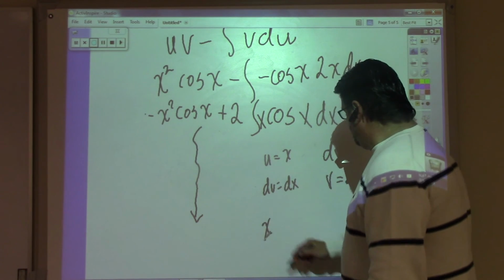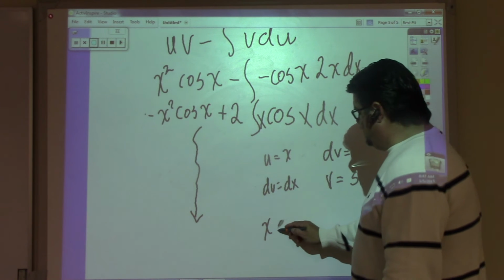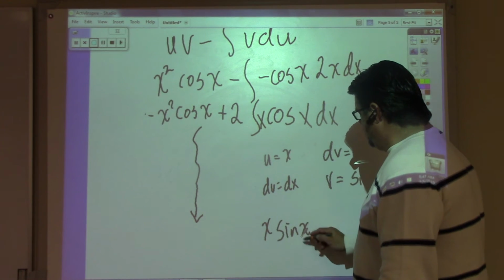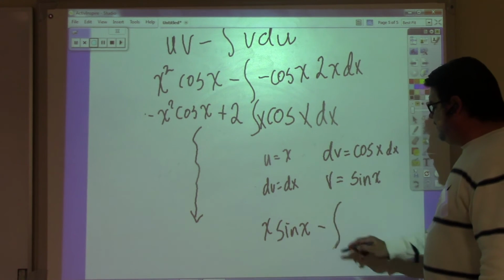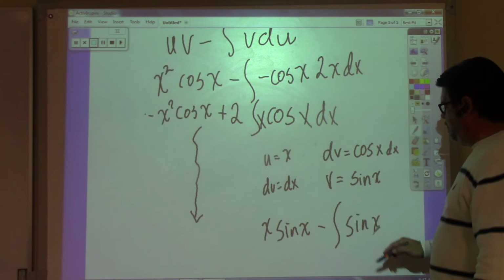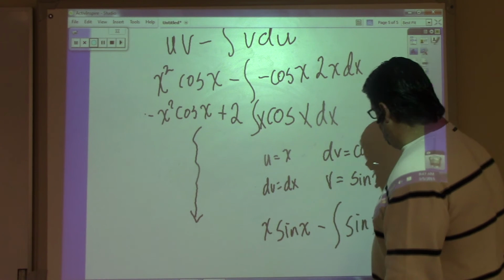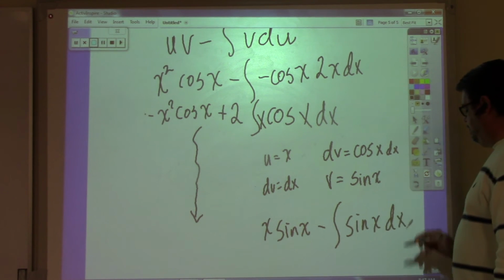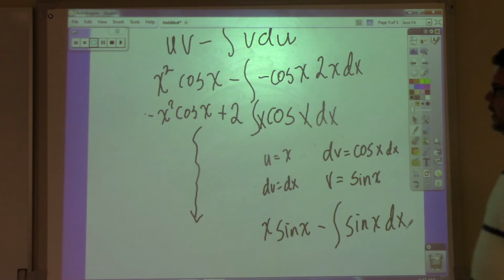So x sine of x minus the antiderivative of sine of x dx.